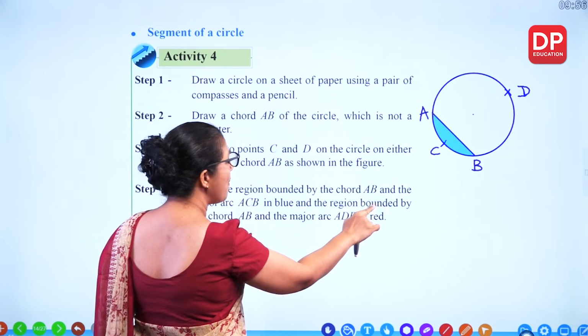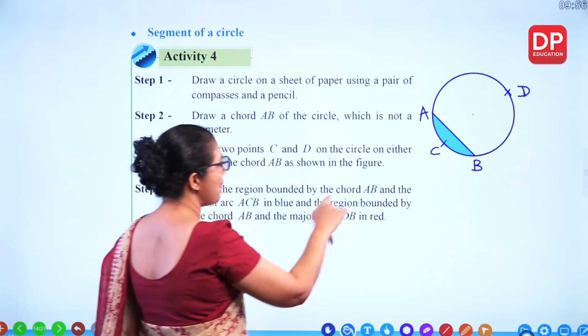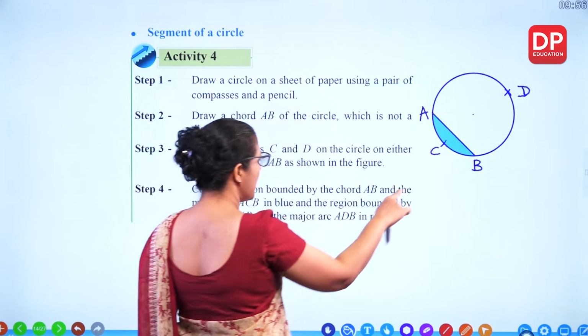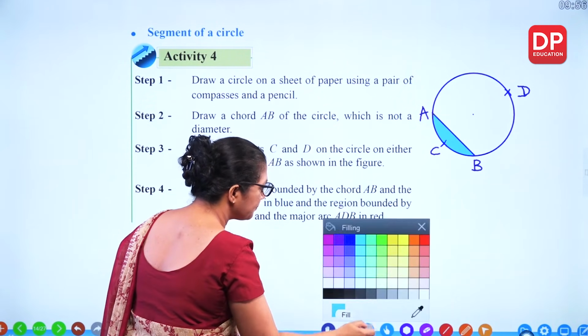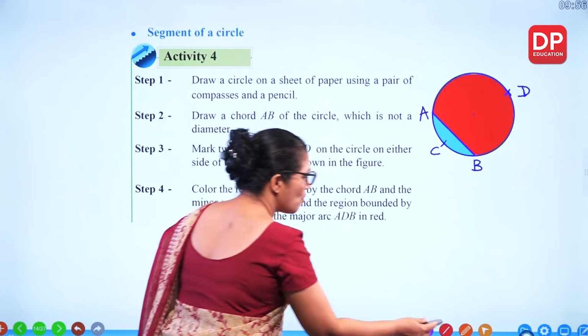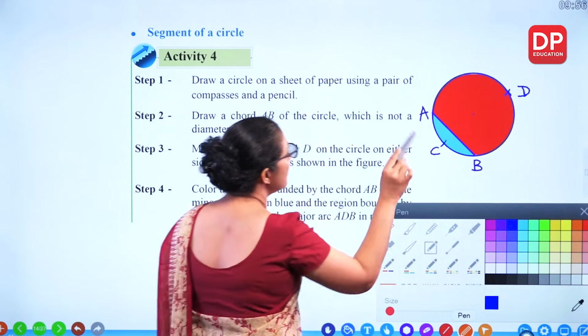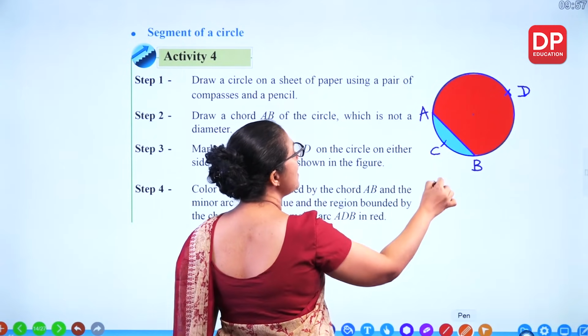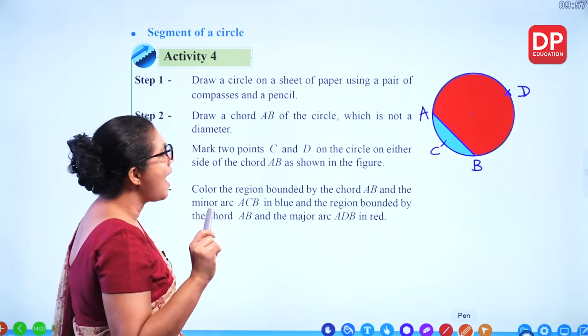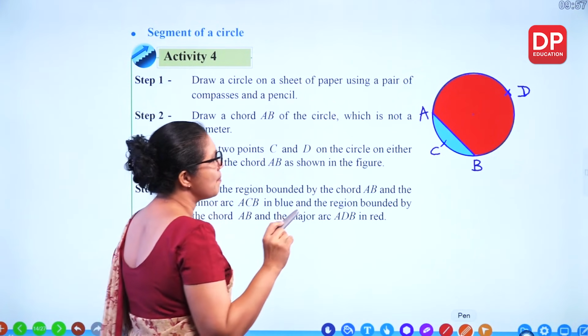And the region bounded by the chord AB and the major arc ADB in red. This one is in red. So these are called the minor segment and the major segment of a circle.